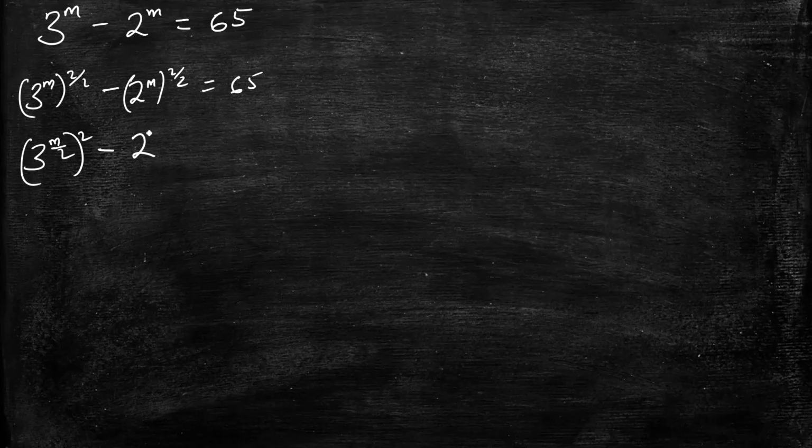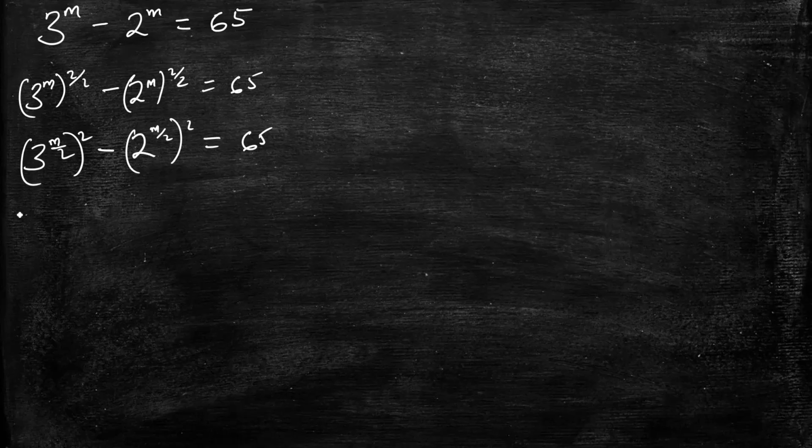So we have 2 raised to m on 2, to the power 2 equals 65. Okay, now we can perform the difference of two squares, but then let's represent what is inside the bracket by different variables in order to make it easier and faster.